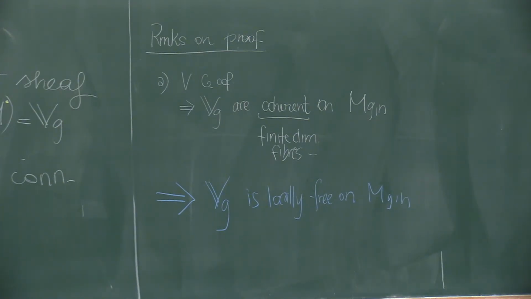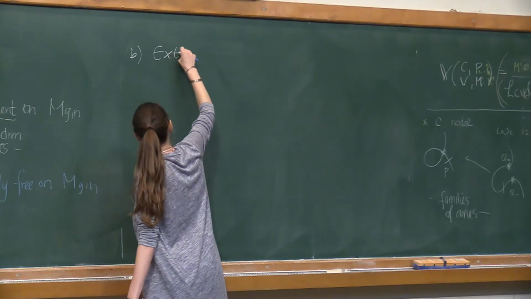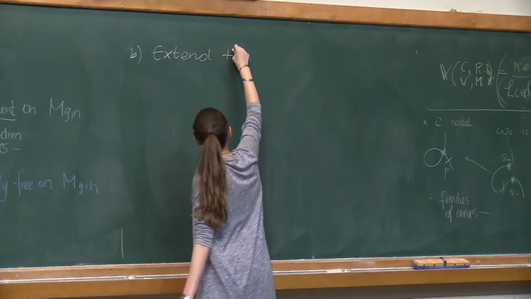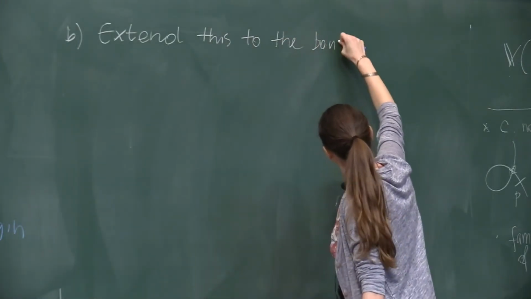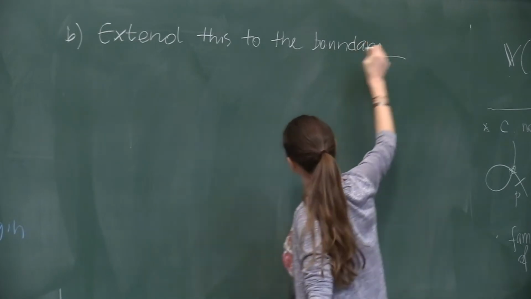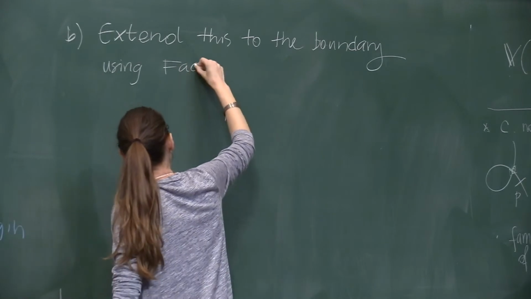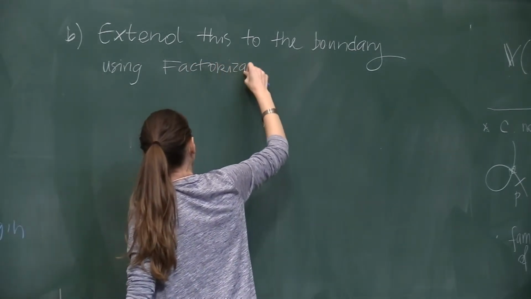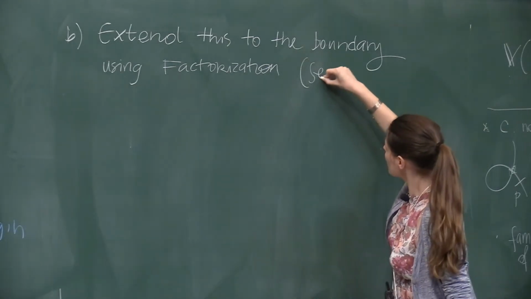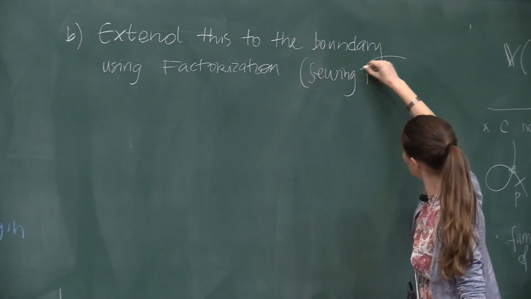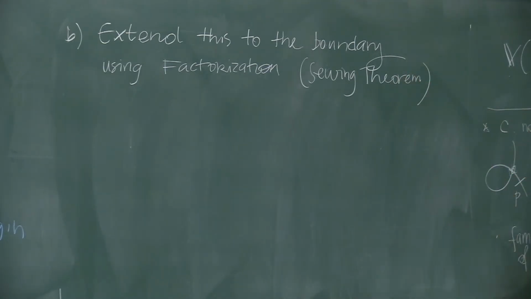We want to extend this to the boundary using factorization, and a more refined version of factorization, actually Sowin's theorem. And this is where we actually use rationality.